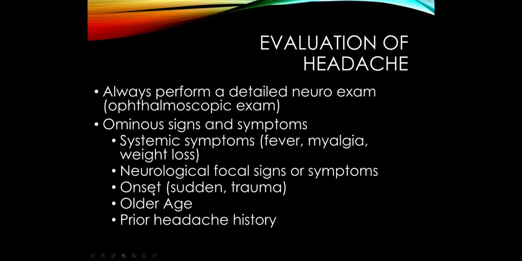That's very concerning, right? We've got a mass lesion. If the onset is sudden, then that would make us think of a subarachnoid hemorrhage. Or if we have onset after trauma, well, it could be a subdural or an epidural hematoma after trauma. Remember, an older individual, we'd always want to rule out giant cell arteritis and a prior headache history.